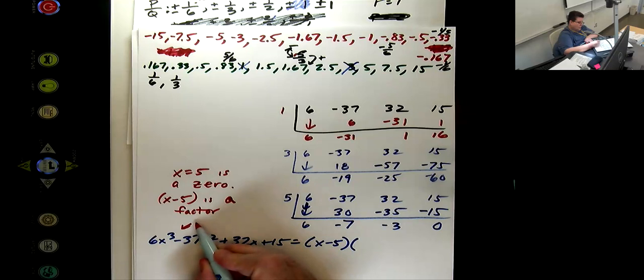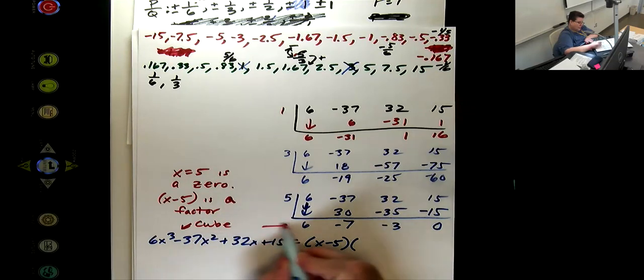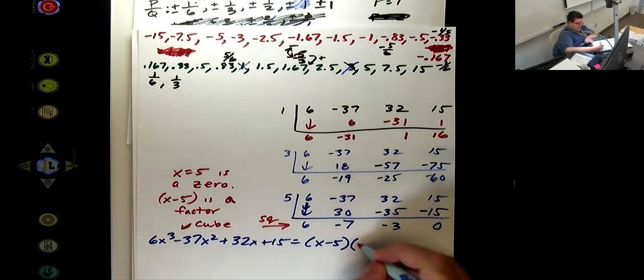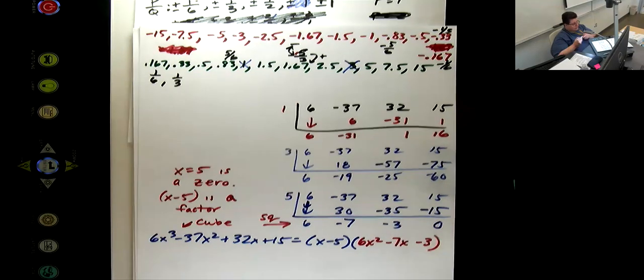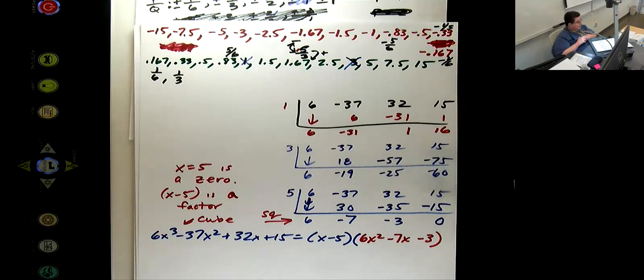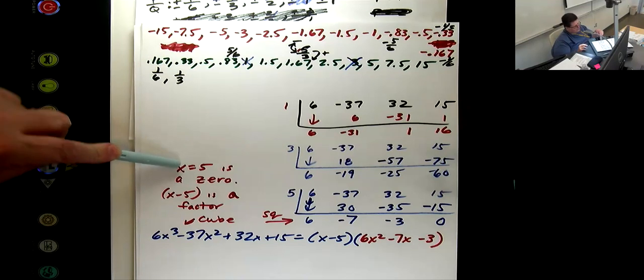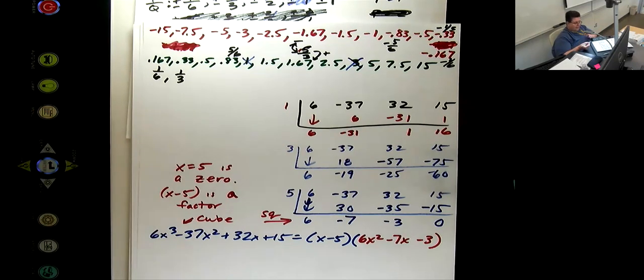That's a cube, so we'll do a square here: 6x squared minus 7x minus 3. We're not done factoring it, because the zeros are where all these equal 0. But now that we're down to a quadratic, we don't need to try all this synthetic division for 25 numbers.